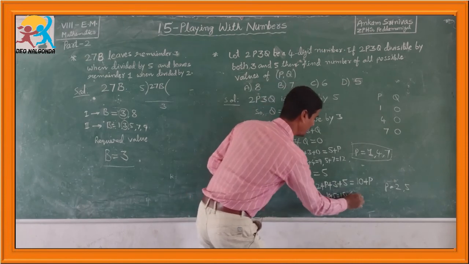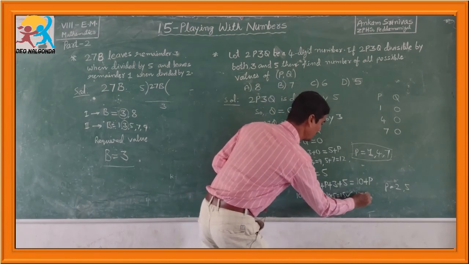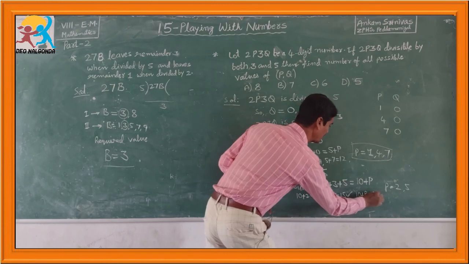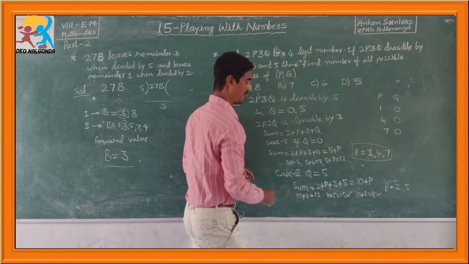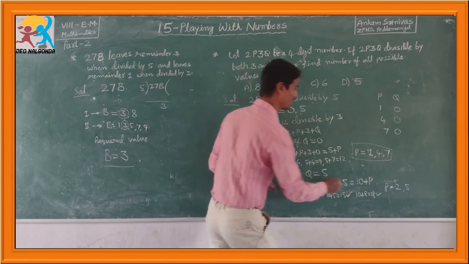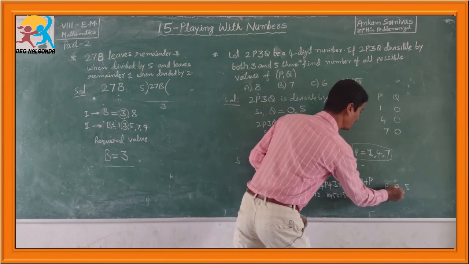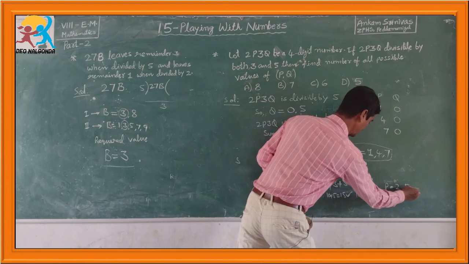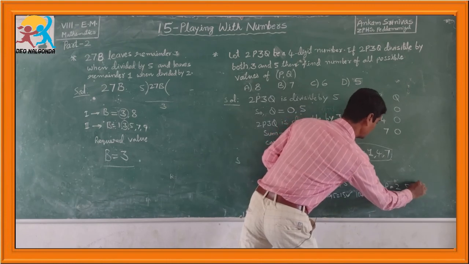If I take 10 plus 8, 18, also divisible by 3. 11 is not a single digit. So we can take p equal to 2, 5 or 8.